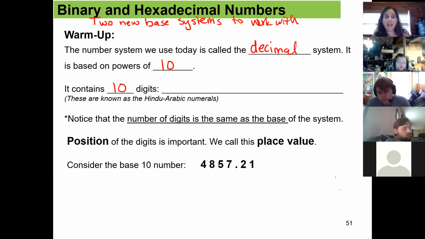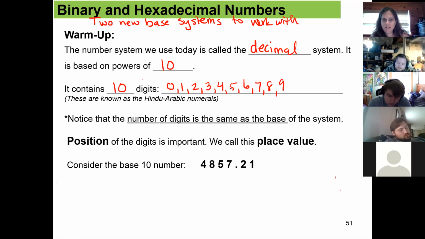The 10 digits we have in our number system are 0, 1, 2, and so forth, all the way up to 9. We don't write 10 as a single digit because 10 is 1 and 0. When we get back to 10, we use that 0 again, and then we're moving our places. So notice that the number of digits is the same as the base of the system. When we said based on the powers of 10, we have 10 digits. They are the same.